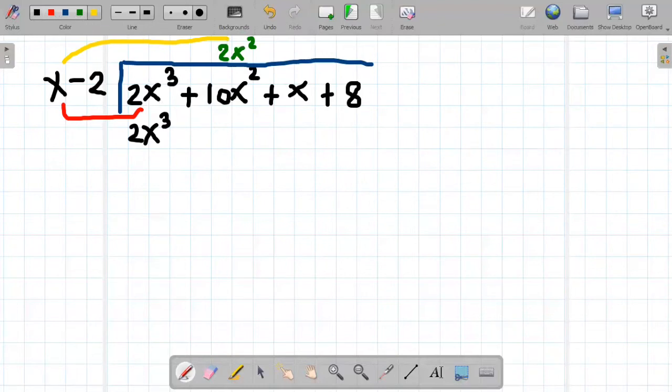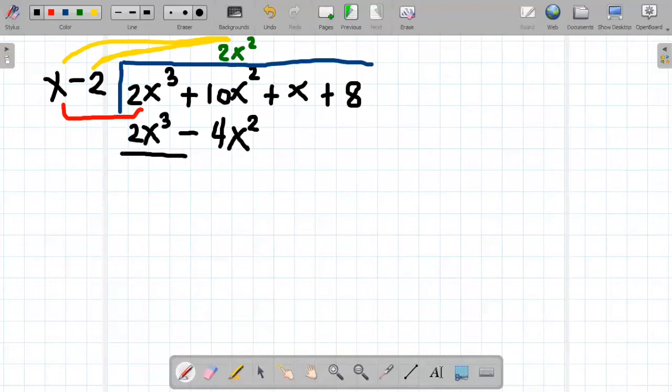Again, that's 2x squared times negative 2. The positive and the negative becomes negative. So 2 times negative 2 is actually negative 4. Then for the x squared, you just copy x squared.